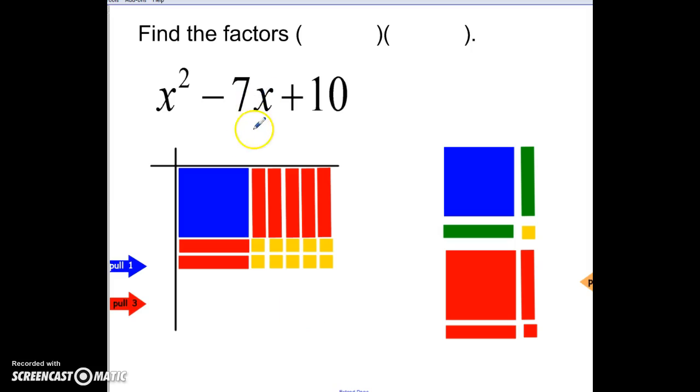Over here, we're going to start with splitting it up. And so to get x squared, x times x. And then we have this x, and we have 5 red ones, which means we had to multiply by negative 5.